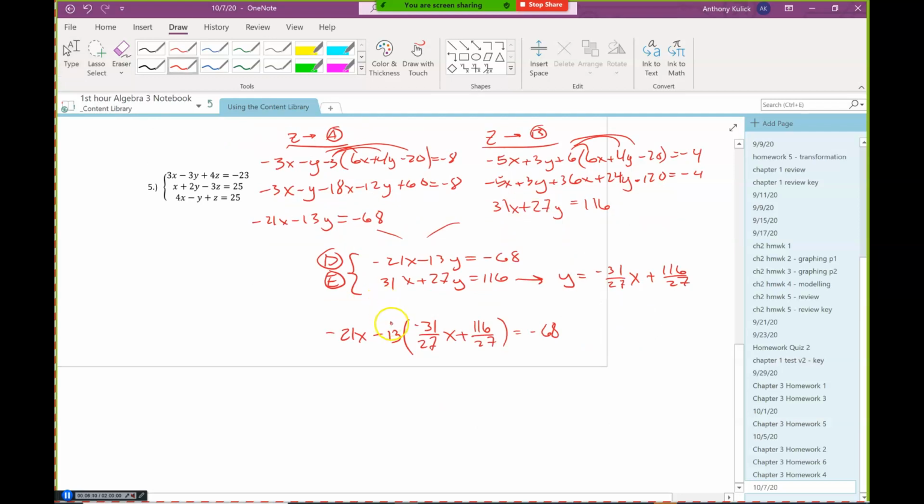So now we need to distribute things through. So 13 times 31 is 403. And 13 times 116, that gives me negative 1508 over 27.